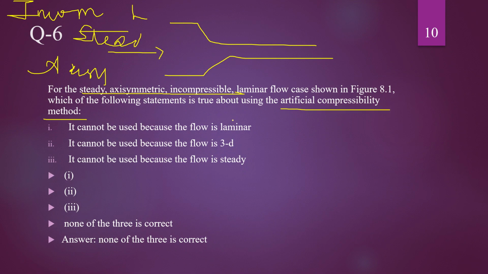What is the artificial compressibility method? This is a method used to solve incompressible fluid flow, and this method is similar to solving compressible fluid flows.